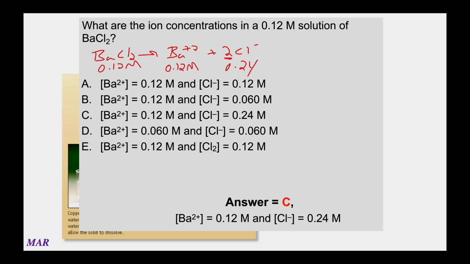And then finally, E, Cl₂. Chlorine is a diatomic, but this is not chlorine. This is chloride. When chlorine combines with a metal, it becomes Cl-, chloride. And as chloride, you can have any combination of Cl's with a metal that you want.